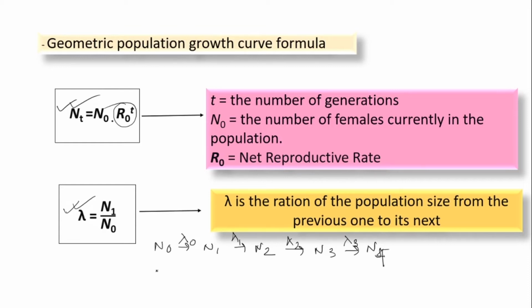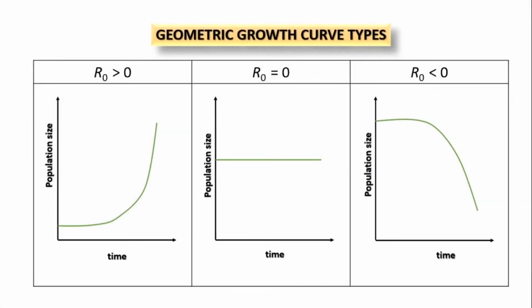So lambda 0 would be n1 by n0, lambda 1 would be n2 by n1, lambda 2 would be n3 by n2, while lambda 3 would be n4 by n3. So these are the geometric growth rates. And these are the geometric growth curve types.